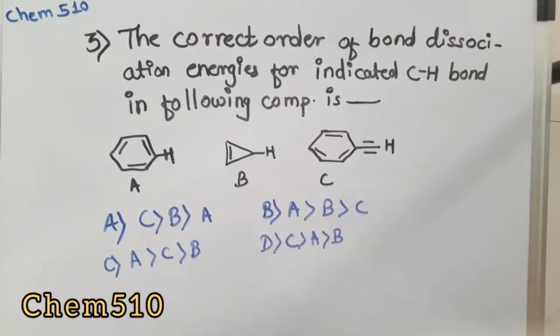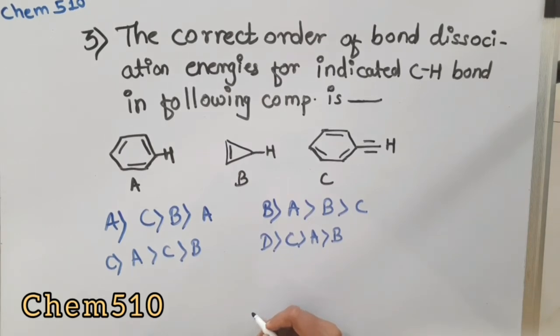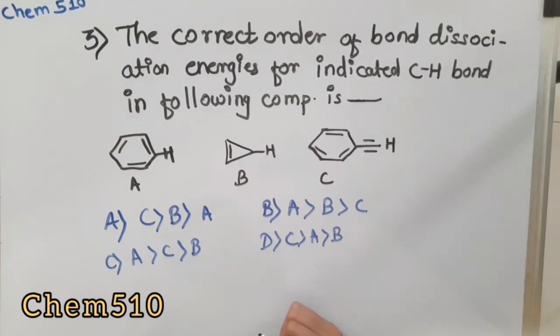3. The correct order of bond dissociation energy for the indicated CH bond in the following compounds is: first benzene, second cyclopropene, third phenylacetylene is given.